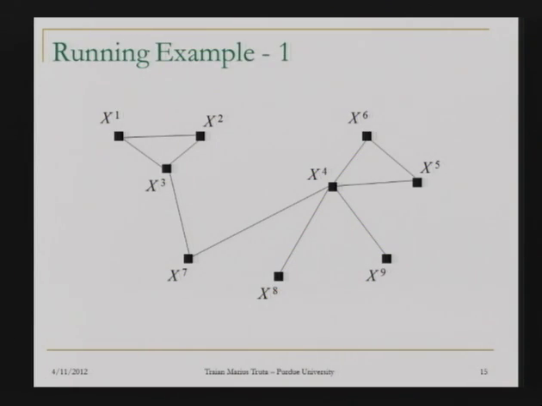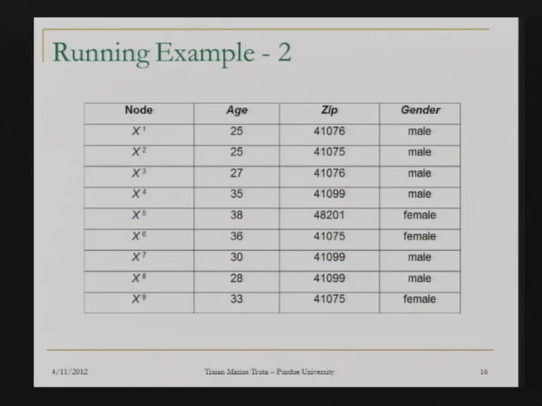Now, the easiest way to explain our model is through examples, and I will focus on examples, and the definitions I will usually skim over them in the next few slides. So our running example starts with this graph structure, 9 nodes. This is the connection between the nodes. We also have the same values that were before, age, zip, and gender.